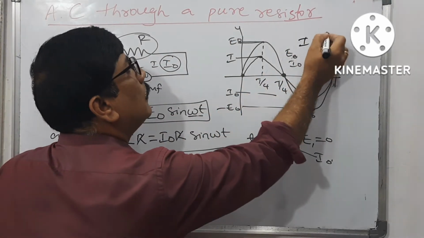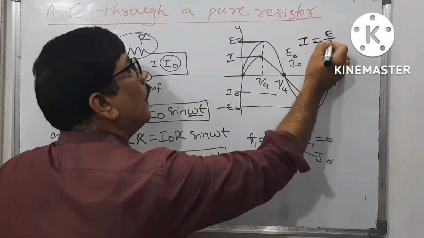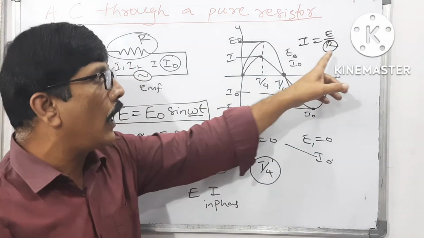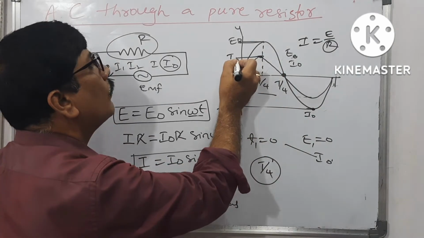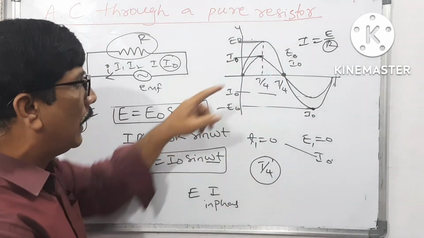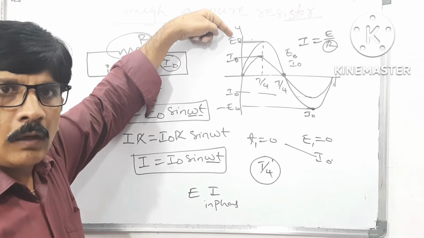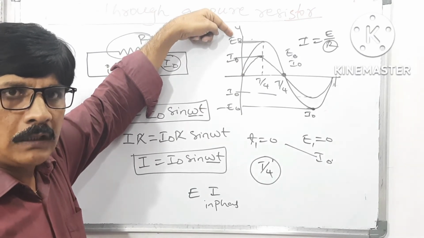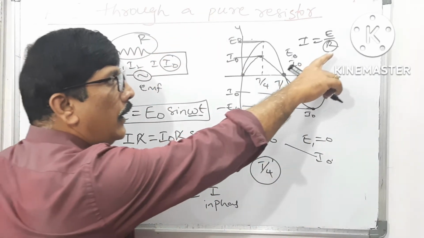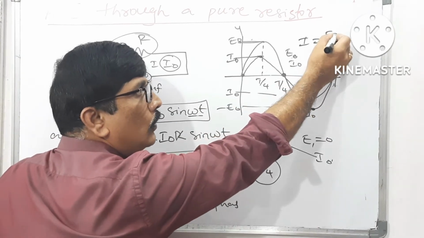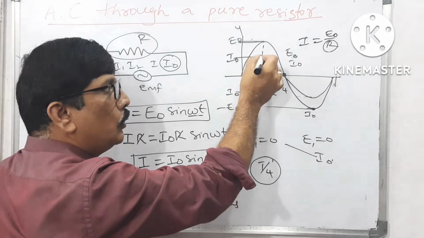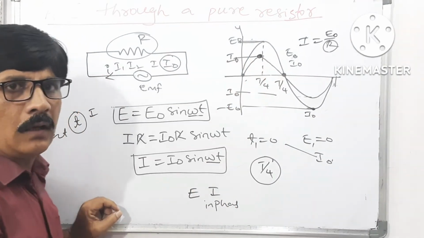You know current is nothing but E by R. If R is more than E, then the current is less. That's why the peak value of the current is numerically less than the peak value of the EMF. It may not be so every time, but I am considering the numerical value of the resistance to be more, so I am assuming that I naught is less.